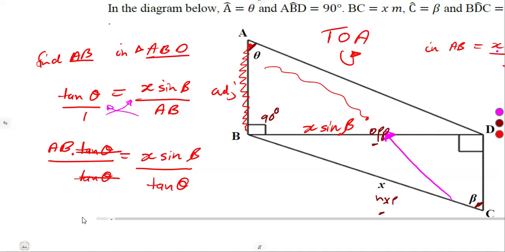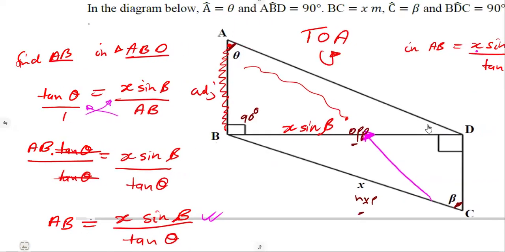So this is going to cancel, and that gives us AB, which is equal to x sine of beta over the tan of theta. Just like that. So this is exactly what they wanted you to prove or to show, that it was equivalent.